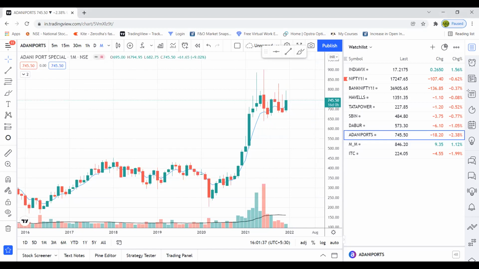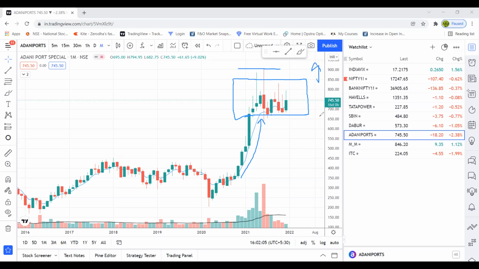So Adani Ports is also doing well, but looking at the market after a trend, the buyers and sellers have got exhausted over here, and now it's in a completely consolidated market, and there was a rejection from 900 points, so it needs to break this particular level for it to go up.